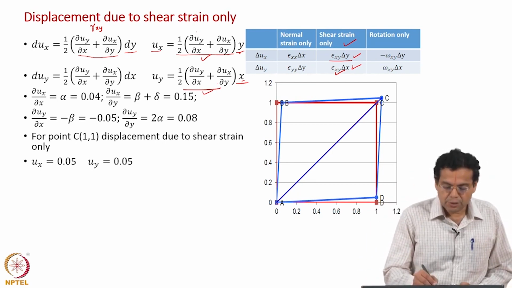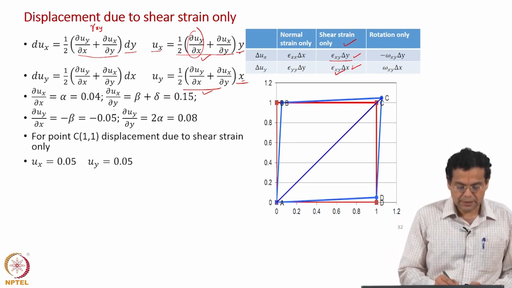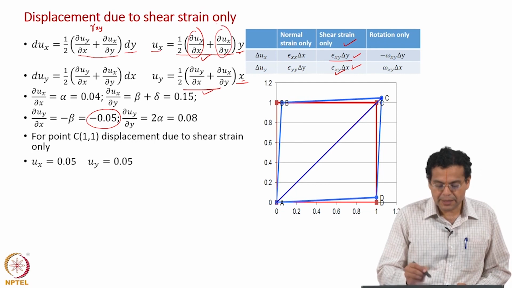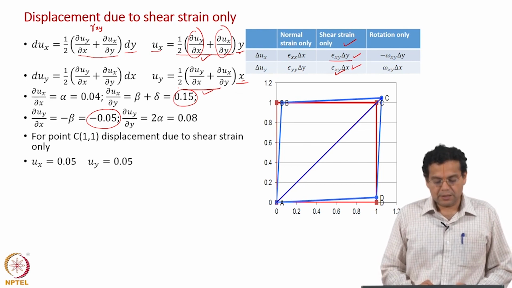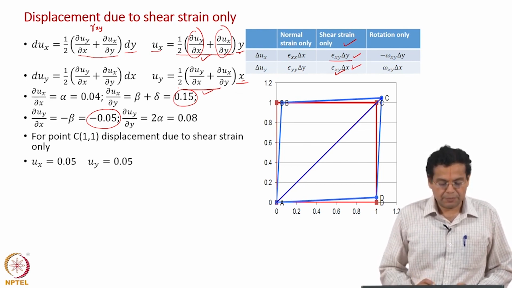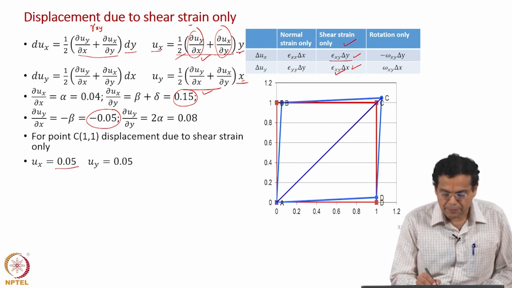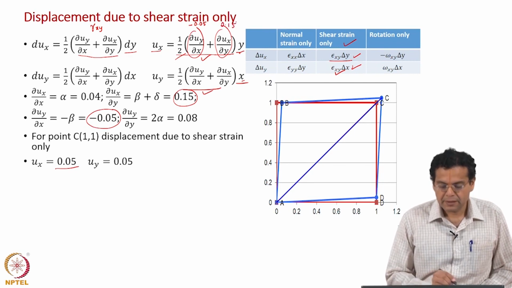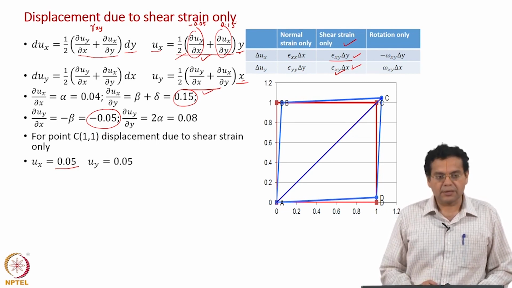For ux, dou uy by dou x is minus 0.05, and then you have dou ux by dou y, which is plus 0.15. When you sum up, you get 0.1. When you divide by 2, you get 0.05. Multiply by 1, of course, results in 0.05.